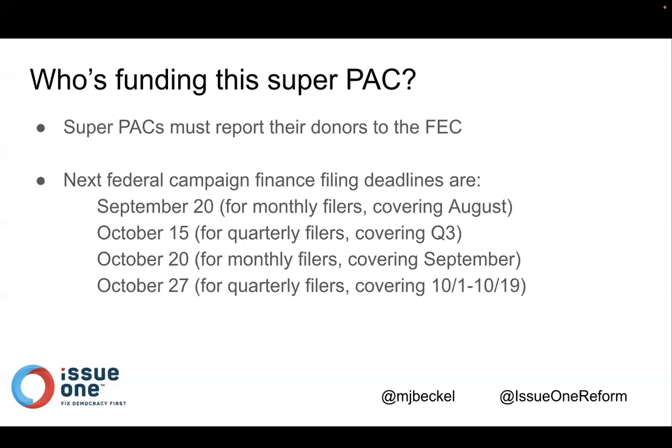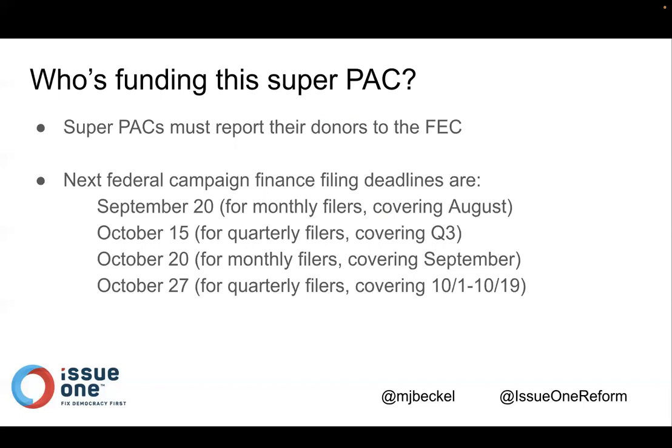Basically, any political committee, whether it's a super PAC or a party committee or a traditional PAC or a candidate committee, they have to file regular reports with the Federal Election Commission, and candidates have to file quarterly reports, and party committees and traditional PACs and super PACs all have the option of filing either quarterly or monthly.